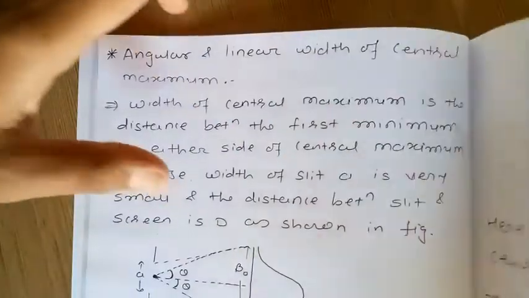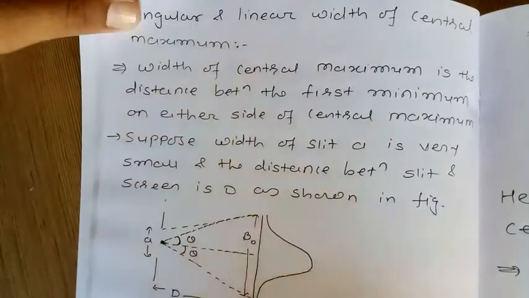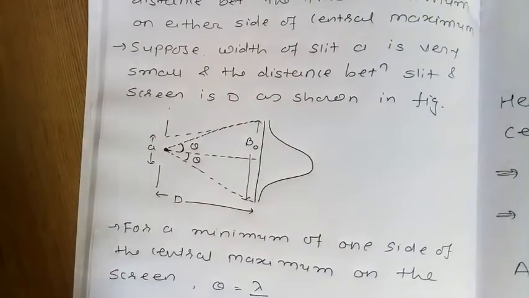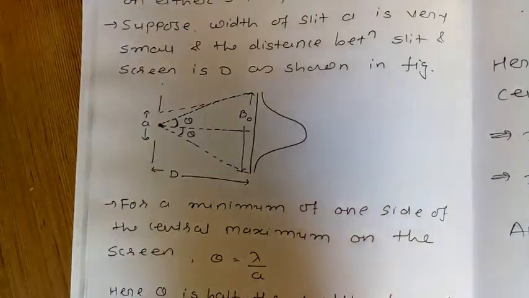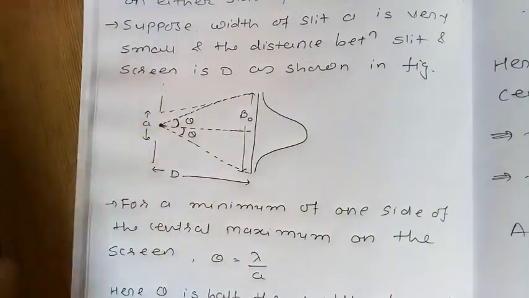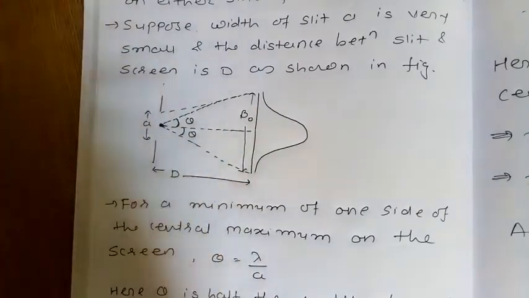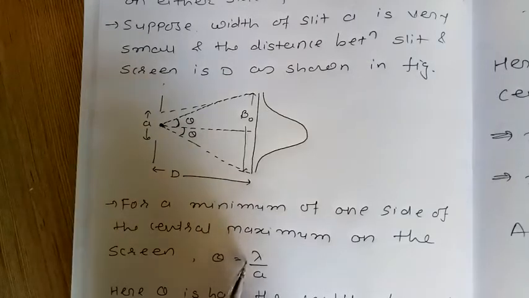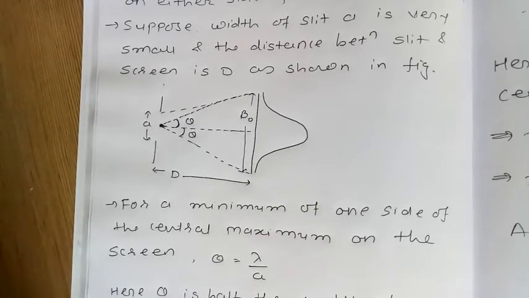Again see here, we already know that theta is equal to lambda by a. Now the angular width is theta plus theta, 2 theta. So multiplying by 2 on both sides, we get angular width 2 theta is equal to 2 lambda by a.